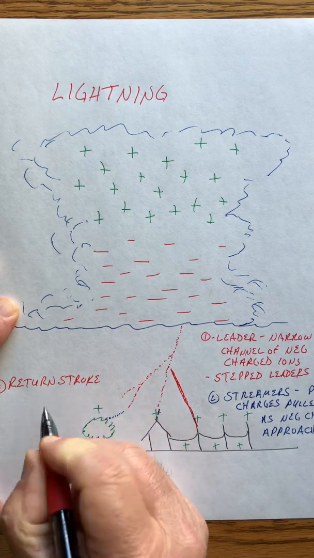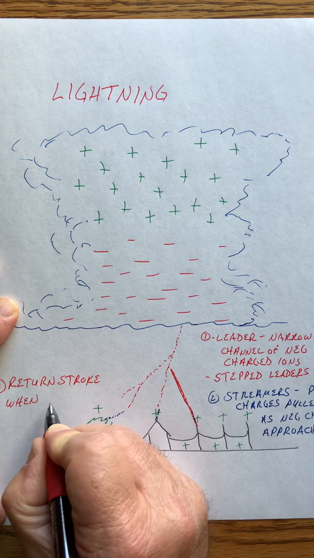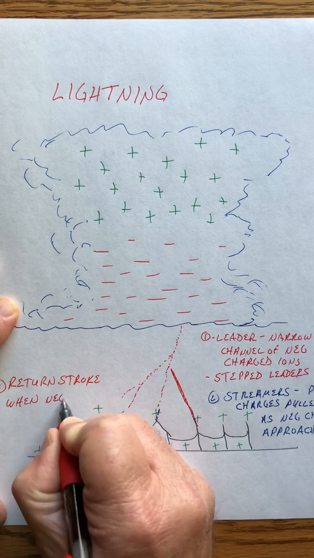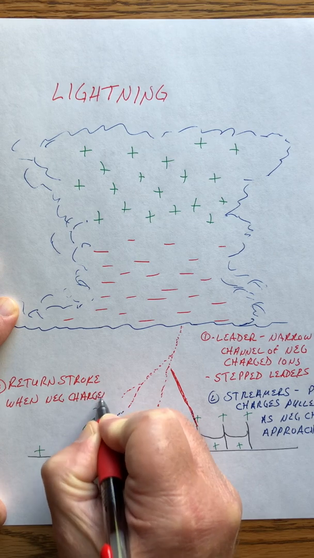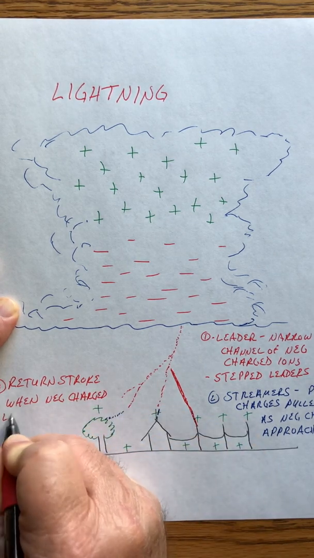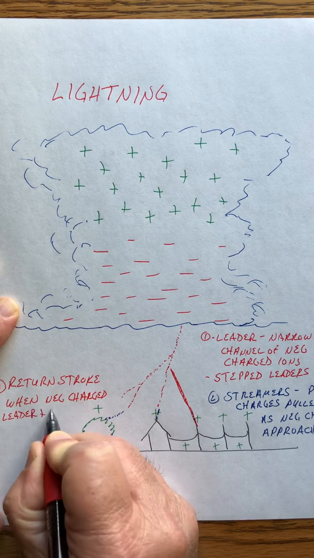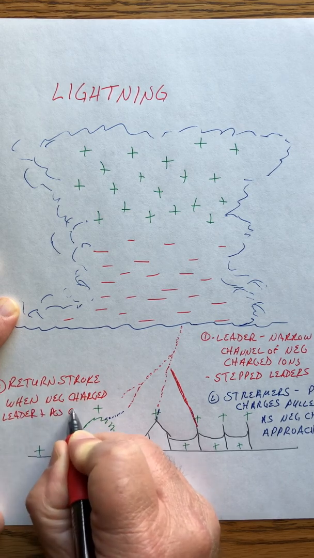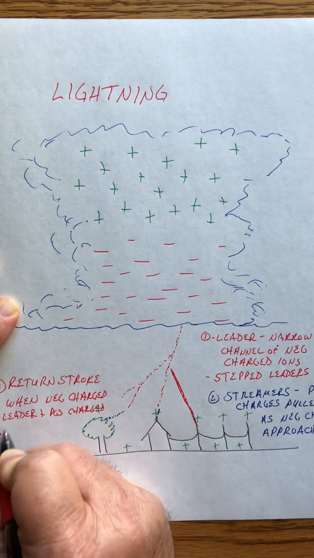So a return stroke occurs when the negatively charged leader and the positive charge streamer connect.